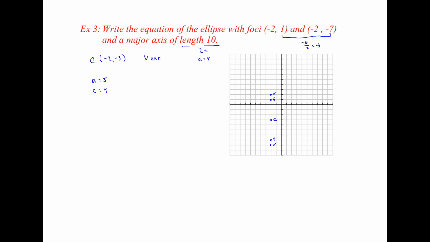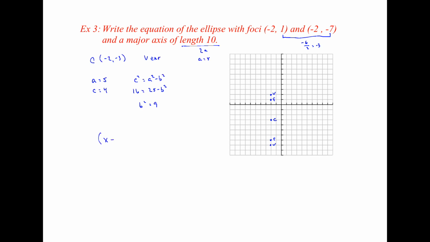We don't know anything about the minor vertices, but knowing the relationship c squared is equal to a squared minus b squared, we can plug in the information. So this would be 16 is equal to 25 minus b squared, and we can now solve for b squared. So b squared is equal to 9, and that's what we need. We need the b squared. B would be 3, but for our equation, we just need b squared.